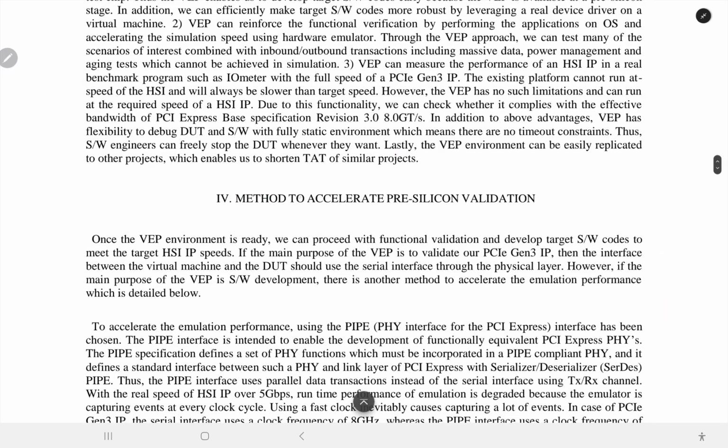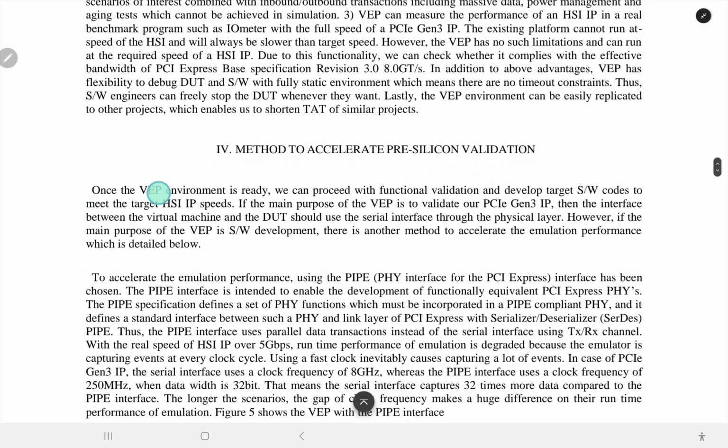4. Method to accelerate pre-silicon validation. When the VEP environment is ready, we can proceed with the functional validation and adopt the target software code to meet the hardware HSI speed.